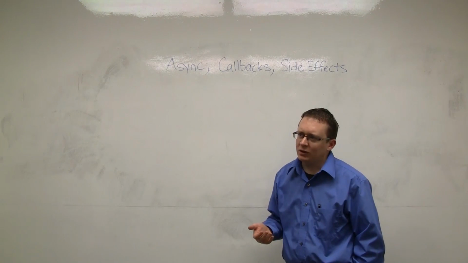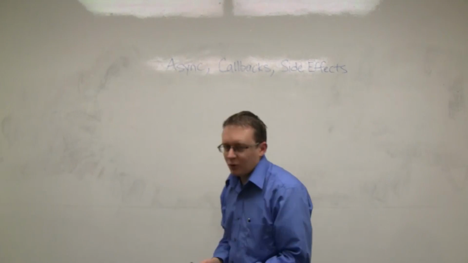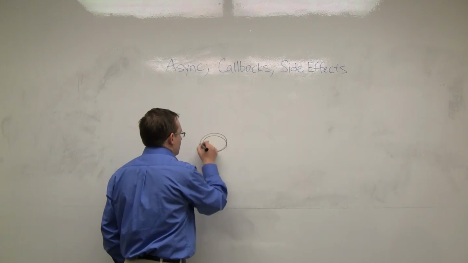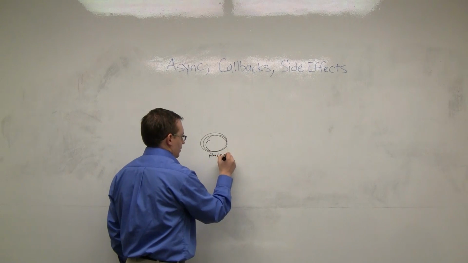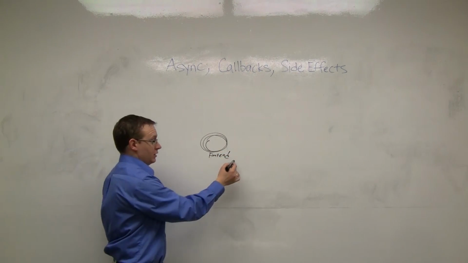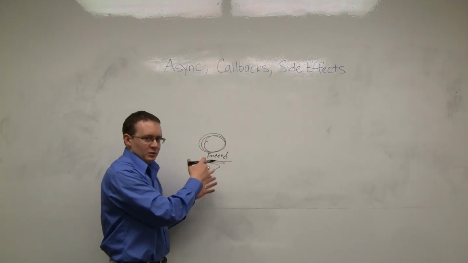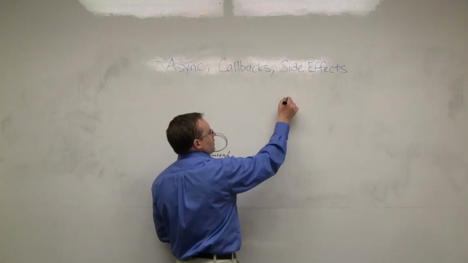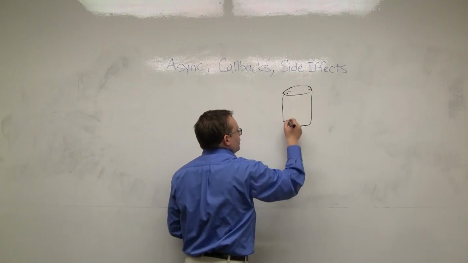But these days, if you consider what a web application is, we have our interface in the front end. That's the part of the application that runs in the browser on your computer, and then there's data that lives out here in a database.